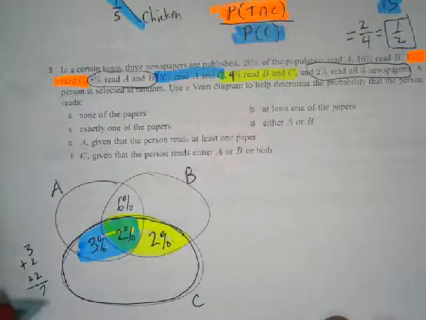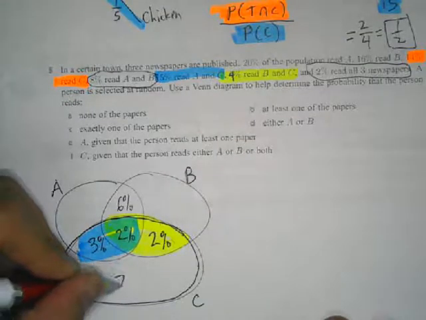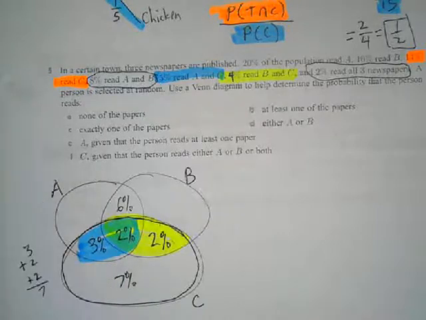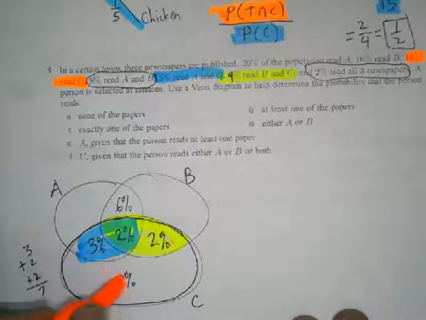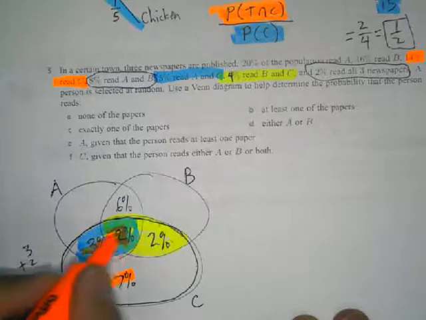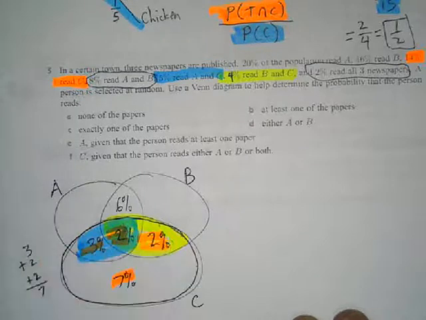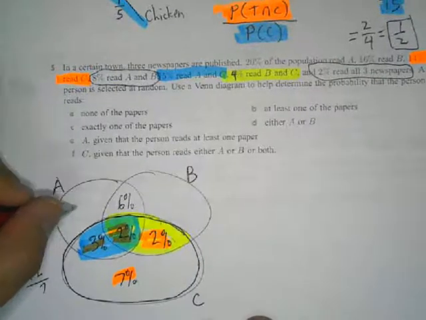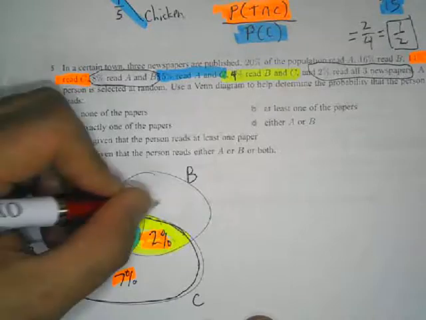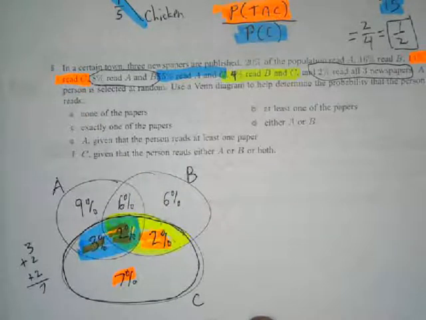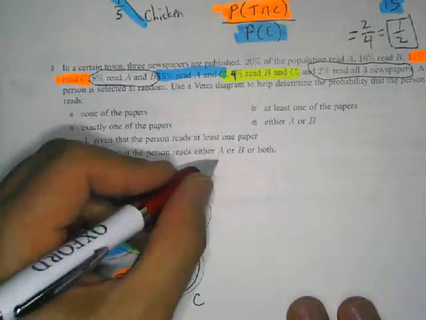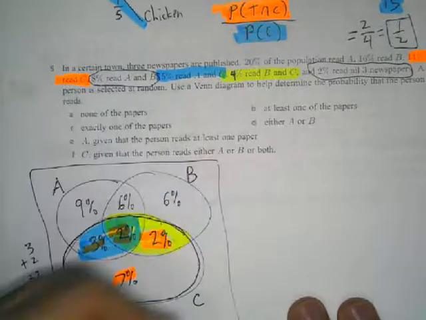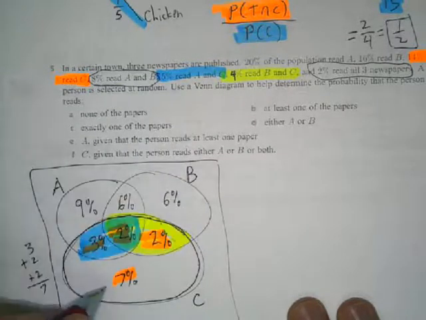And so 14% read C, so this is going to have to be 7% because these 4 values have to add up to 14%. You do the same thing with B and A, and you're going to get 9% and 6%. Okay, so now we're ready to start solving the problem. These are all the percents here.